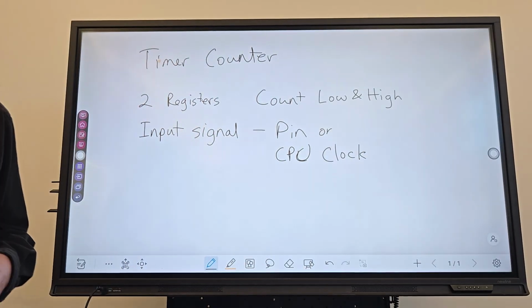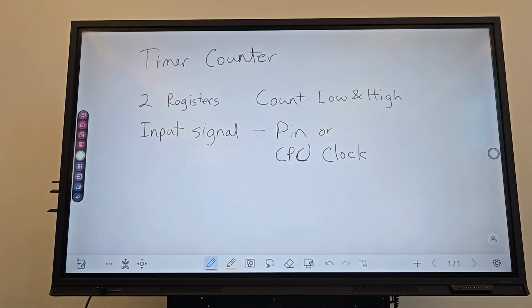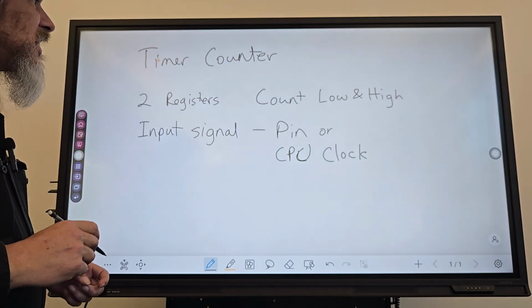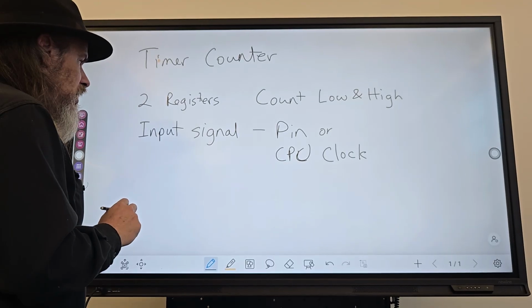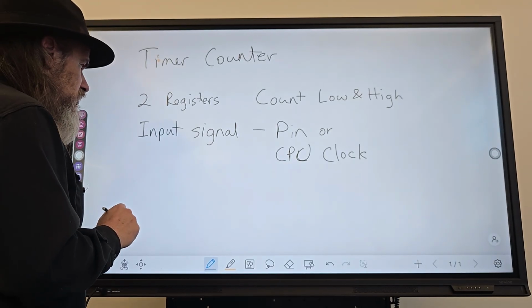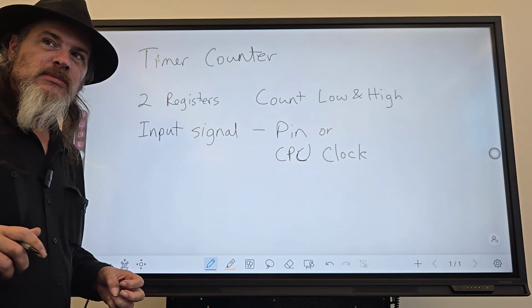In the case of a blinking LED, it's going to be the CPU clock. This is where we get into configuration a little bit. The CPU clock operates at 20 megahertz.